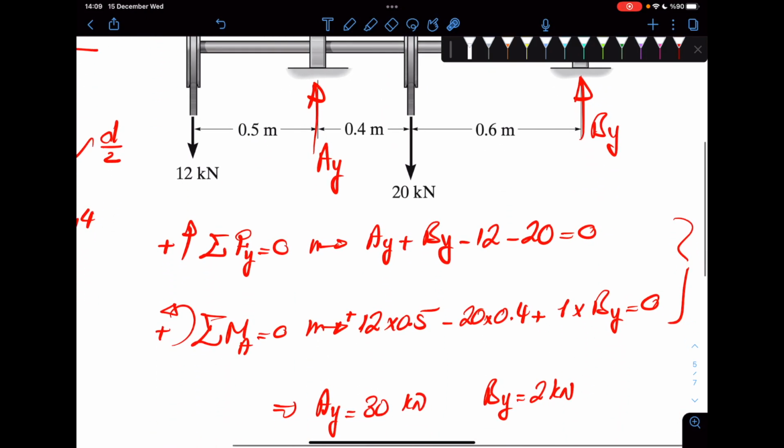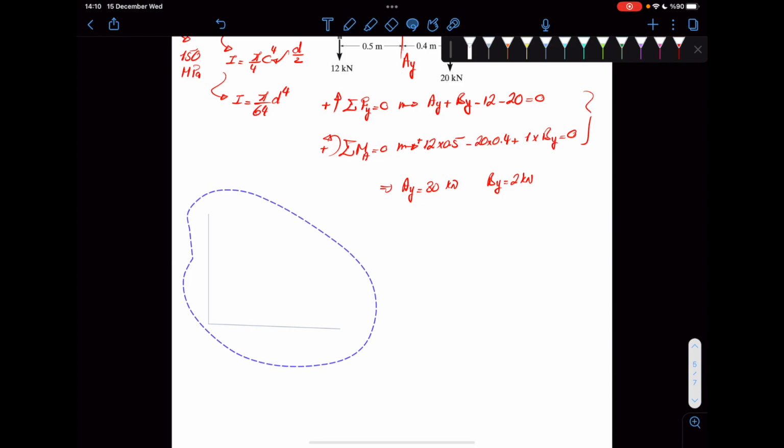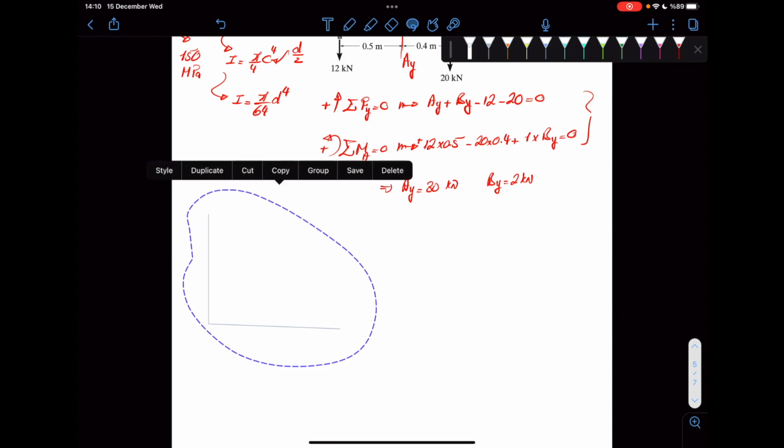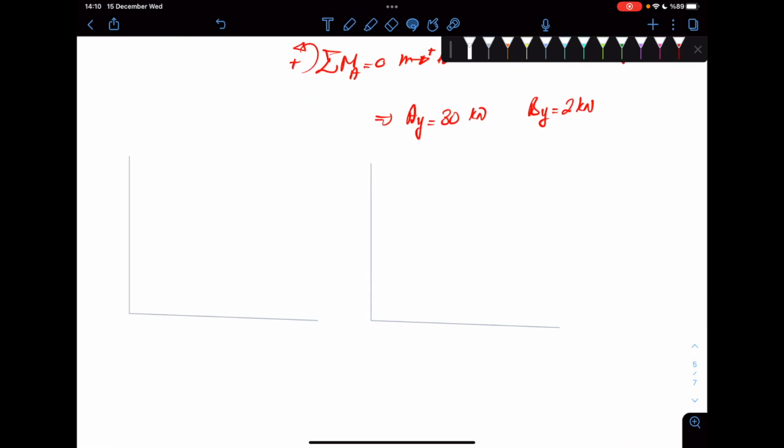So we can now do the same thing. We want to draw those shear and moment diagrams. Let's say this is the shear diagram, and I will just duplicate it to draw the moment diagram. So this would be the shear diagram, and this the moment diagram.